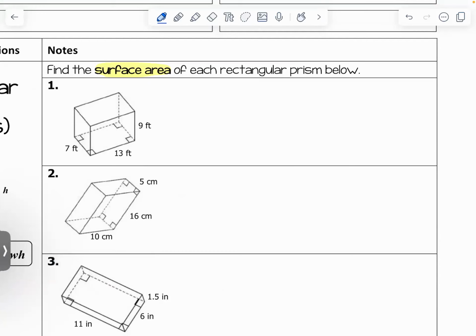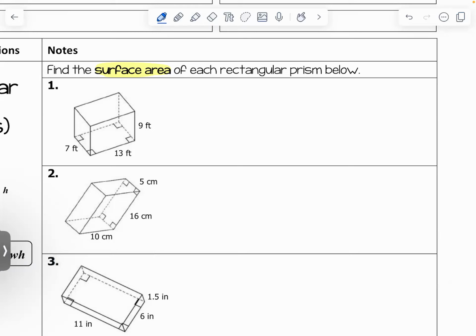If we have a rectangular prism, how many faces do we have? 6. This is page 19, a rectangular prism: 1, 2, 3, 4, 5, 6 sides.